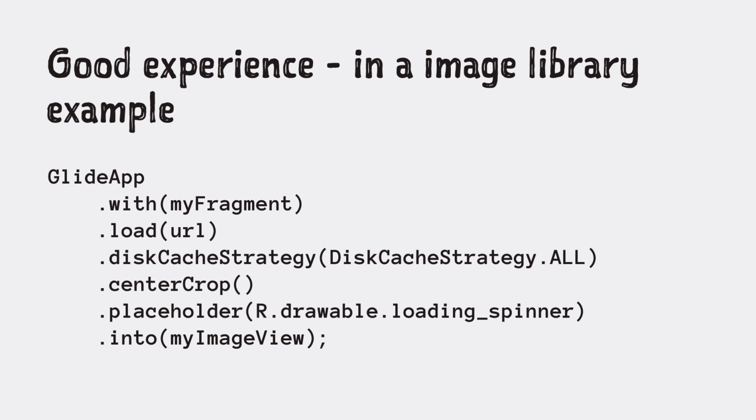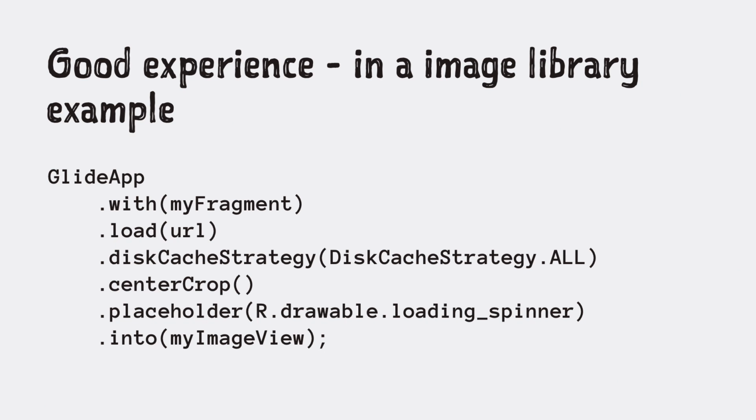I can specify the disk cache strategy if I want to, or use the default one. And a note on that is to pay a little bit of attention to the caching strategy of the library that you use, because they do have defaults and they do cache stuff, but you just want to make sure that it caches what you want it to cache.